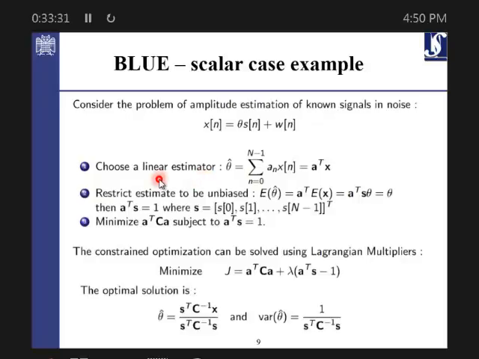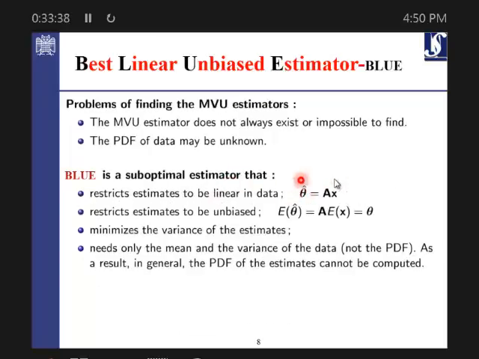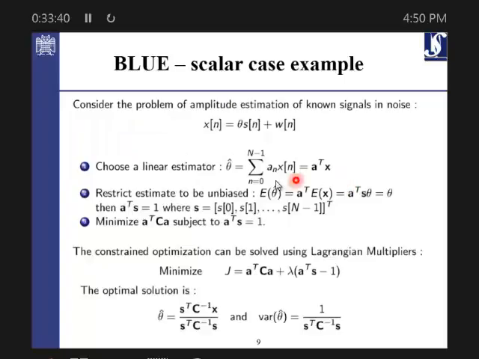Because we are looking for the BLUE estimator, we have the estimator to be A transpose X. Here we're talking about the scalar case. Applying the expectation over the estimate and the other hand side, we get A transpose expectation of X to be theta.